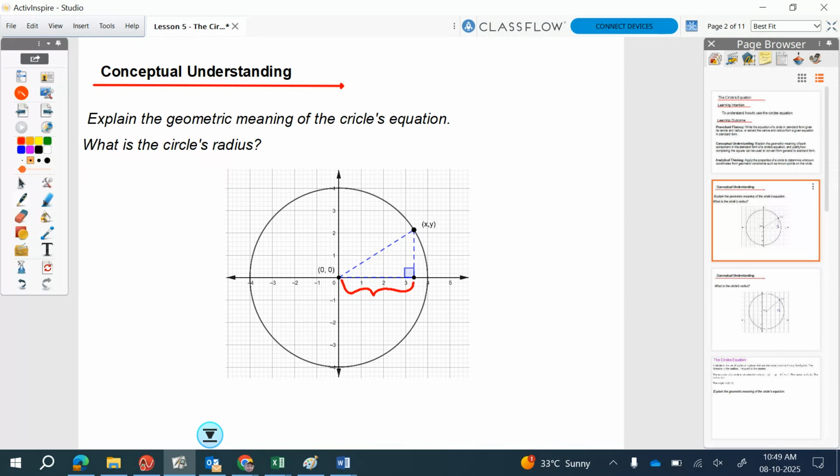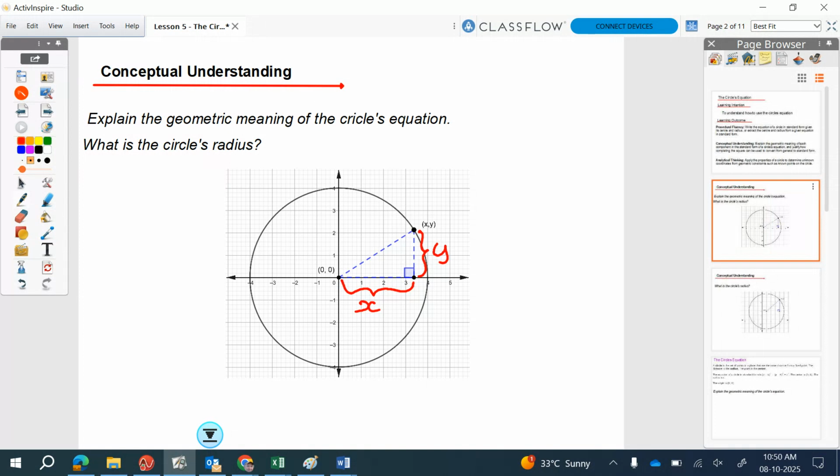So the length of this side would be given by what value? If we have a point P drawn here, what is the length of the bottom side of the triangle? This length is going to be x. What is the length of this side going to be? y.